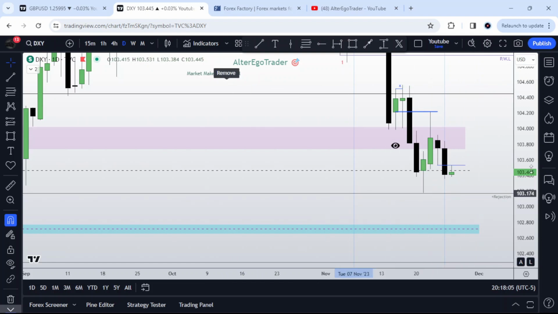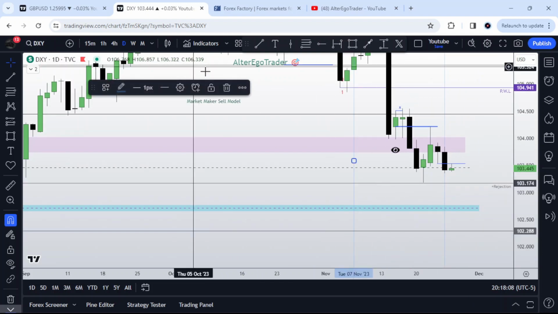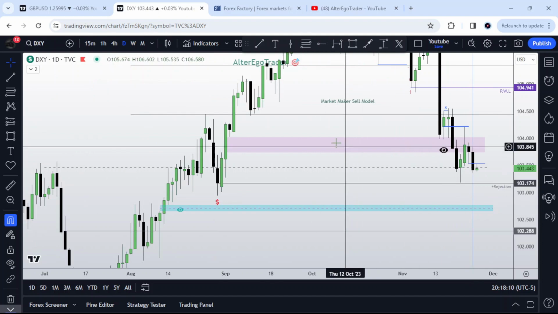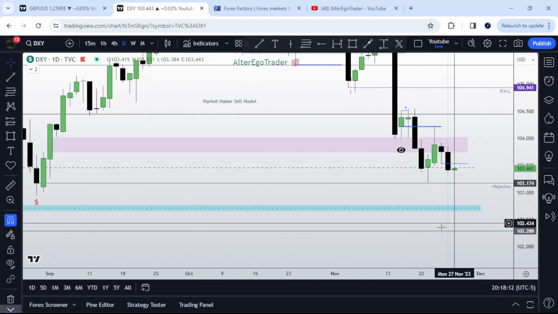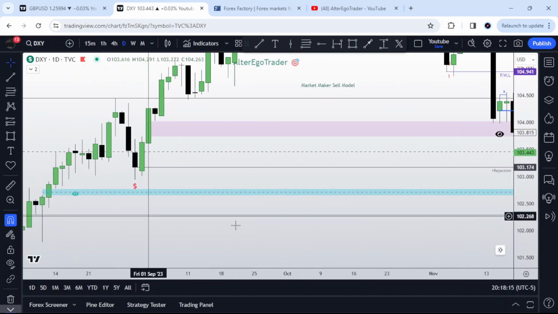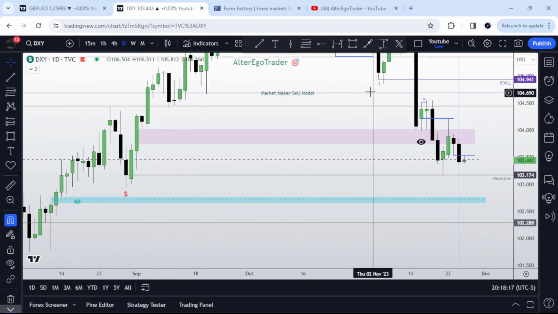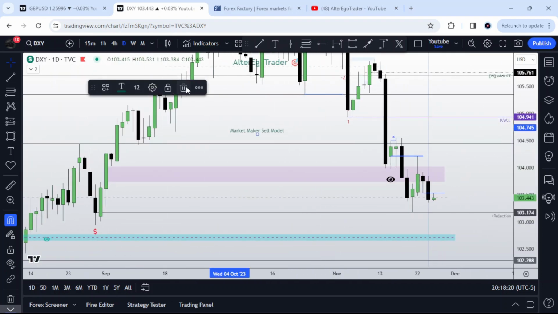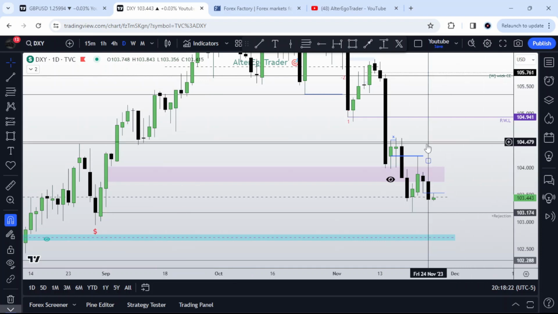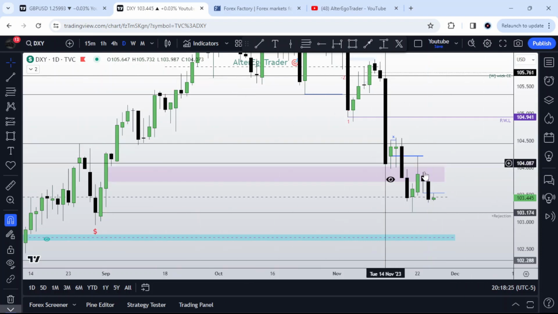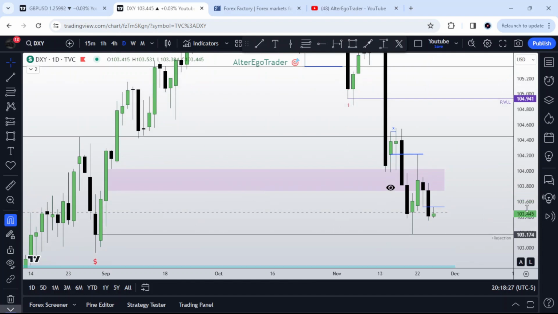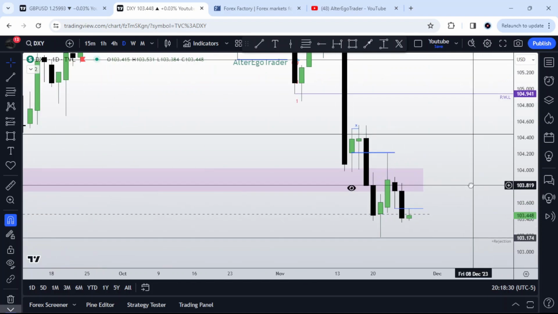I would like to wait on time and price. We can just look at the price level and think, okay, let price go there, then I want to buy. At least that's not how I operate. I want to see price at certain levels at certain times, certain days.